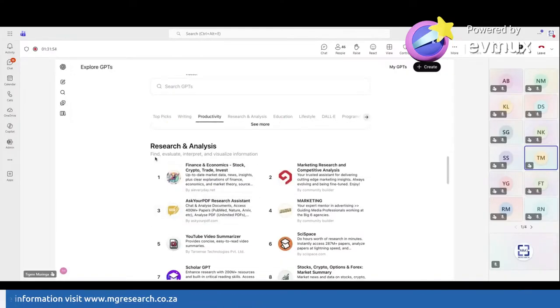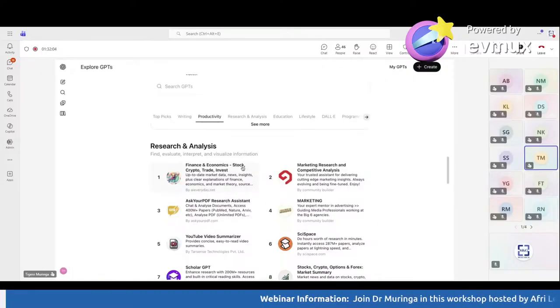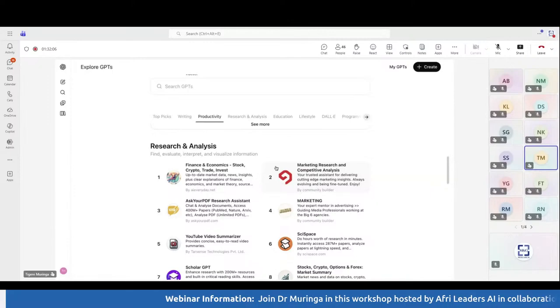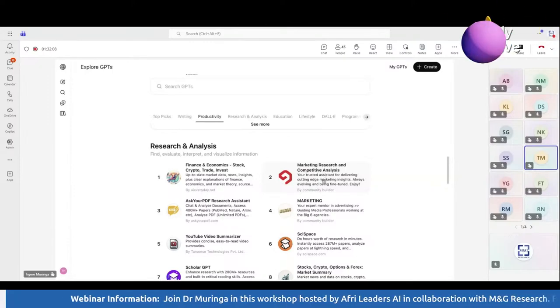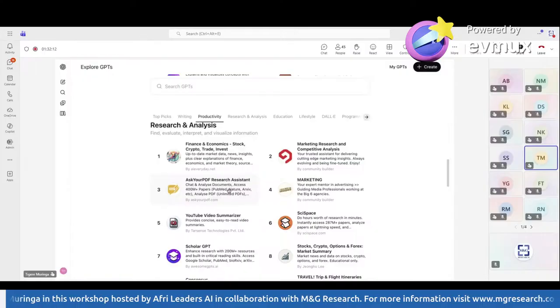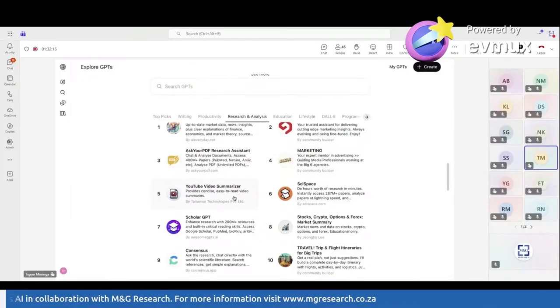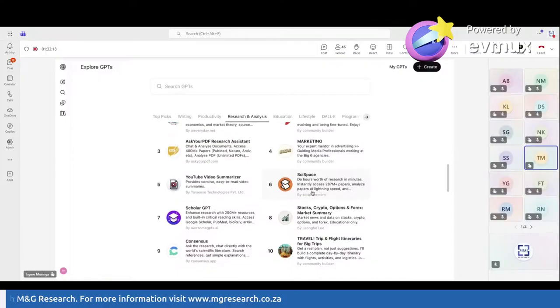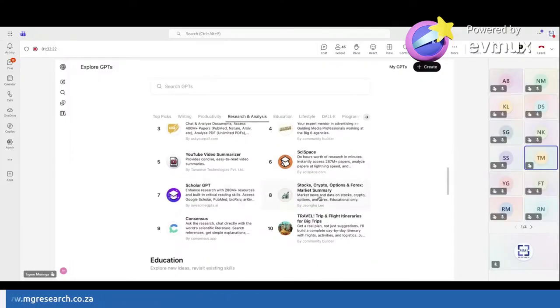It says find, evaluate, interpret, and visualize information, depending on the kind of analysis that you need to do. It has market research and competitive analysis, an ask-your-PDF research assistant, a video summarizer, and Scholar ChatGPT.